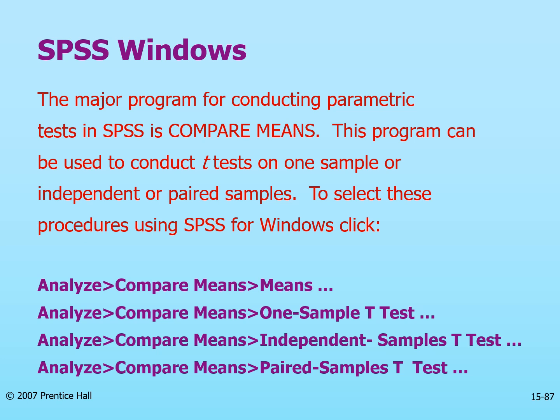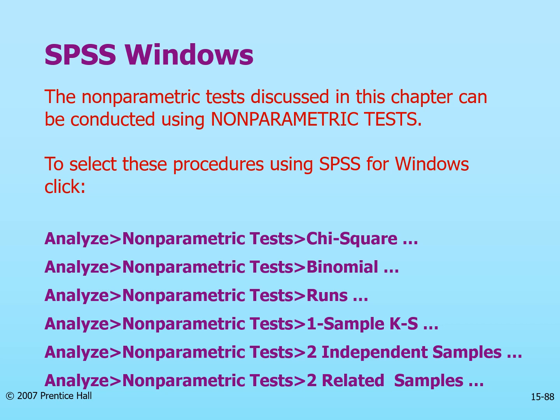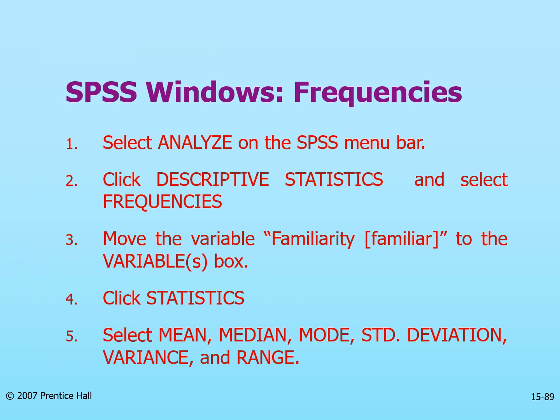So if you go to Compare Means, you can get the different types of parameters. This program can be used to conduct the t-test of one sample, independent, or paired samples. To select this procedure, use the simple technique: Compare Means, then one-sample t-test, independent-samples t-test, and paired-samples t-test. You can also use the non-parametric tests, where chi-square, binomial, and everything else is available here.